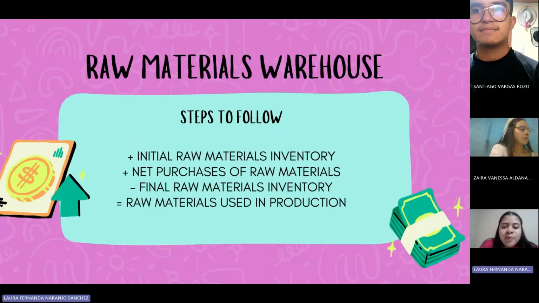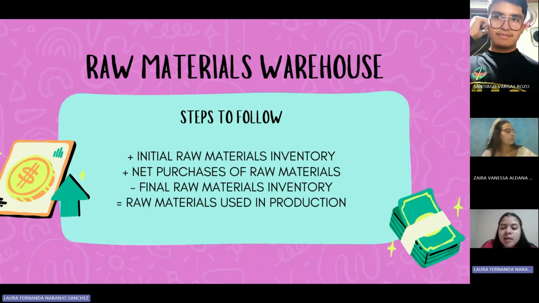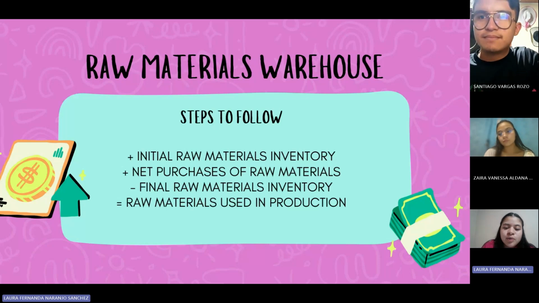Raw materials warehouse. The raw materials warehouse includes everything related to the initial inputs the company uses to manufacture its production. It is calculated with the following elements. 1. Initial raw materials inventory, the value of the materials available at the beginning of the period. 2.